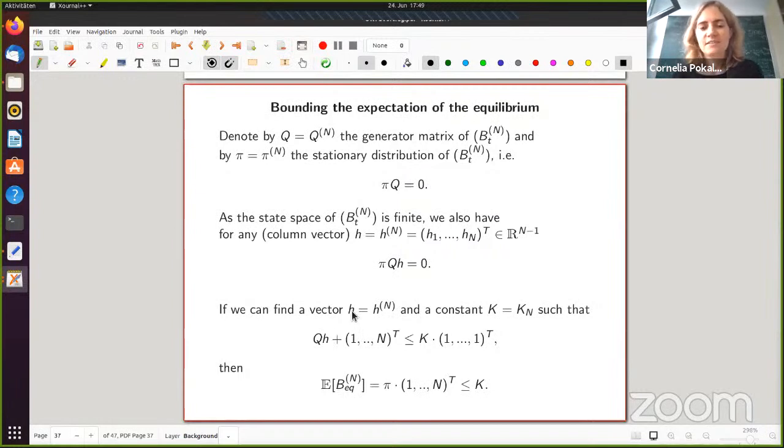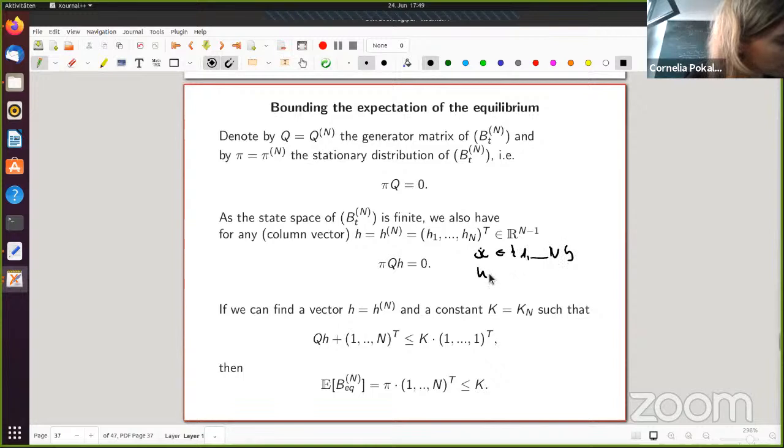Now assume that we find a vector h, which is a kind of Lyapunov function, because this vector h is in fact a function: for each x in 1 to n, I have the value h of x. And assume now we can find a vector such that this relationship holds.